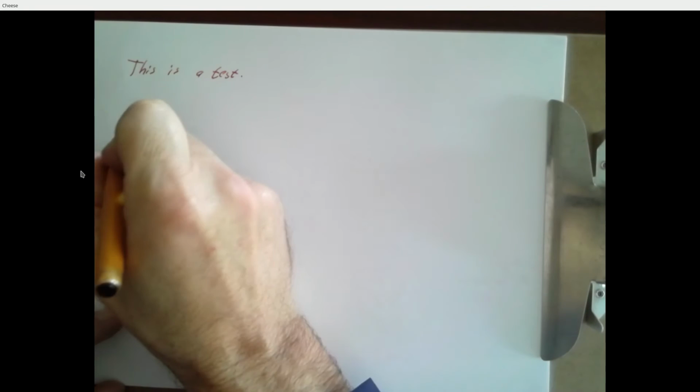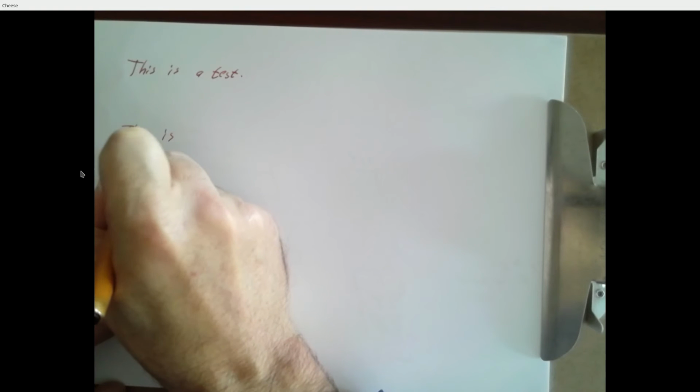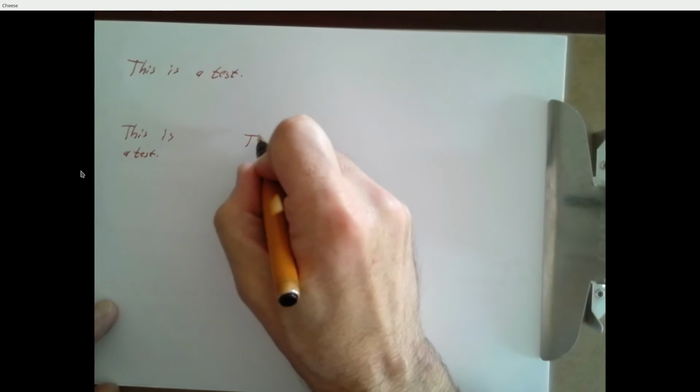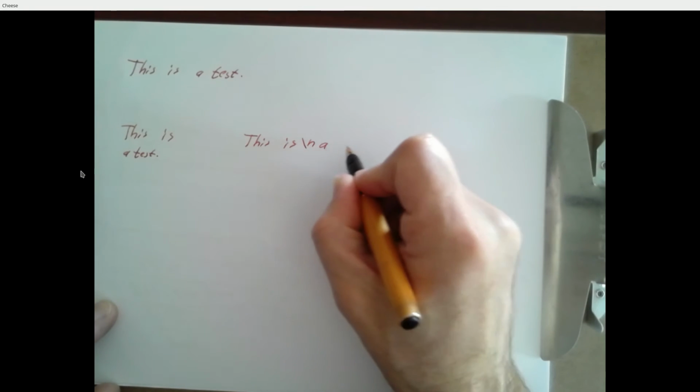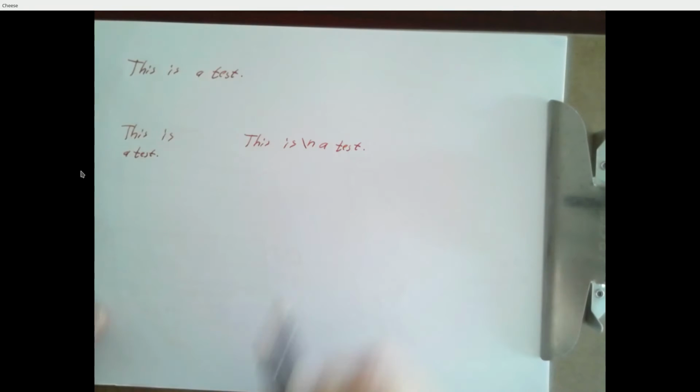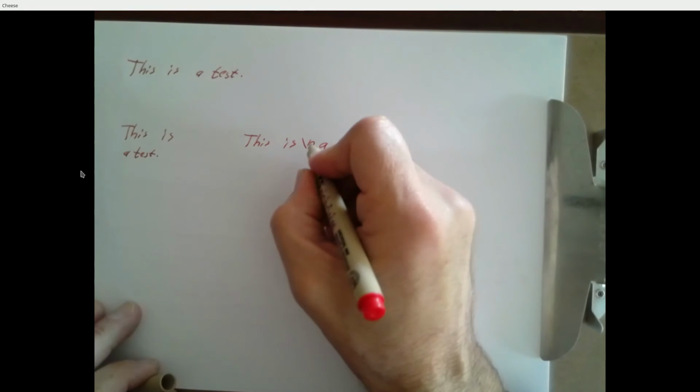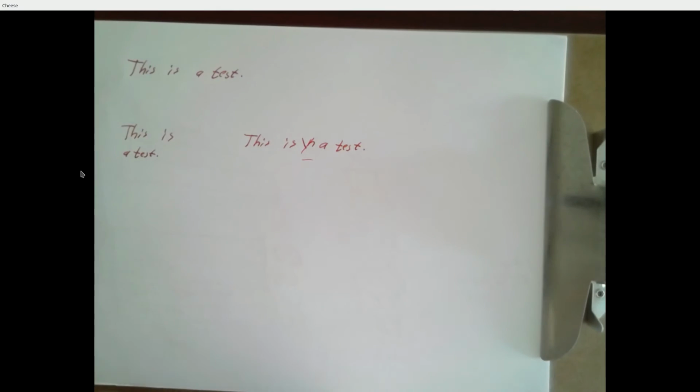If this gets split up over 2 lines, what does this actually look like when you read it in? It looks like this, space, new line, a, space, test, period. If you detect that new line is a space and you convert that to just a plain old space, this phrase looks exactly like that phrase.